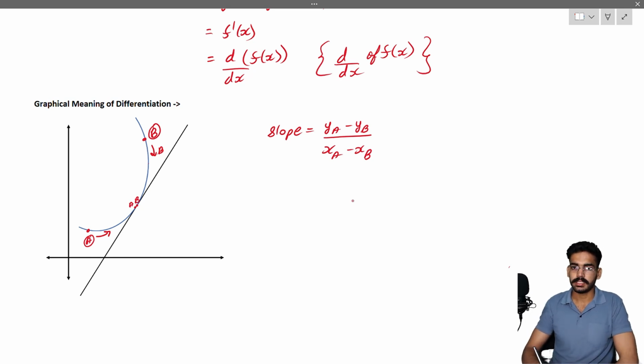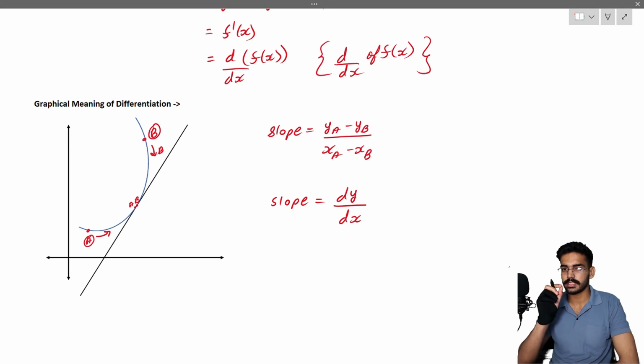So I can say this change in y is very small, that I am denoting as dy, and the change in x is also very small, that I am denoting as dx. So a very small change in y is denoted by dy and a very small change in x is denoted by dx. If you say 0.01 is a small change, I am saying no, 0.00001.